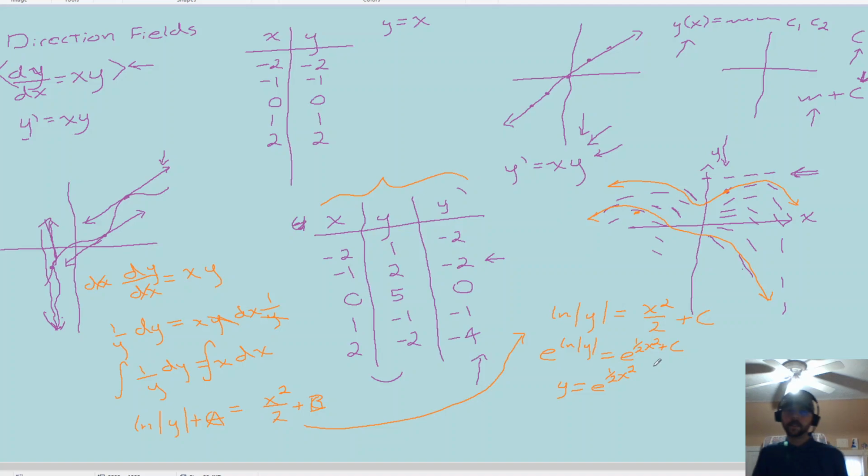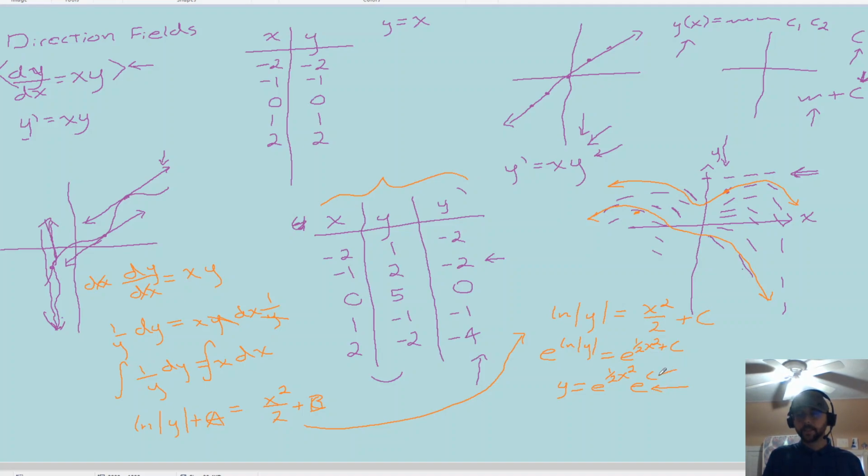Then this plus c, you can change this into e to the 1/2 x squared times e to the c. Now you'll notice the idea of constants applies again. So this could be e to the c. E is a constant. It's a funky number, but it's still a constant.